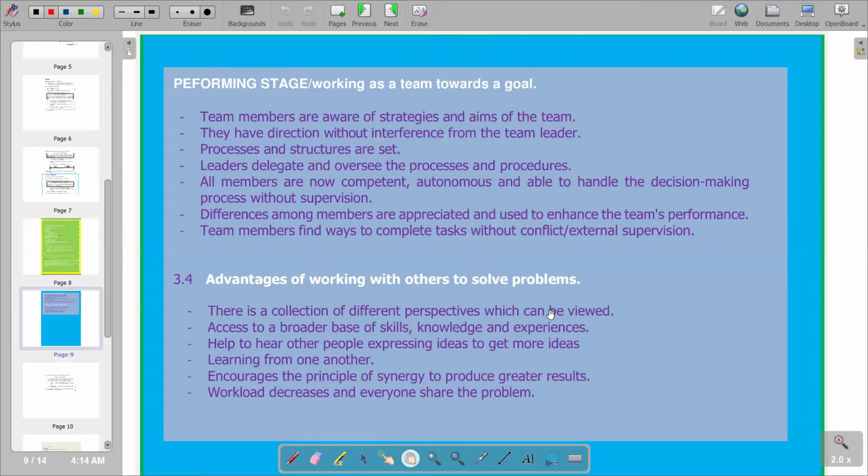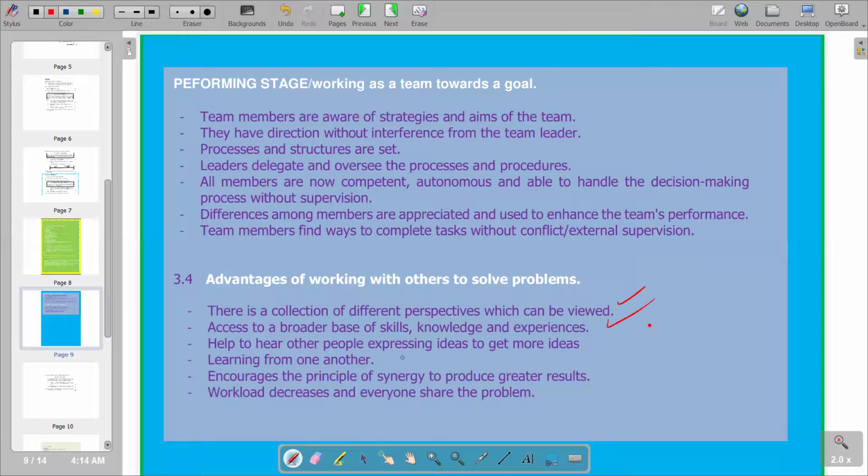The second point says access to a broader base of skills, knowledge, and experience. Obviously, the people that are coming in have different skills that we are going to combine to get a better, more effective way of dealing with the situation. We are also going to encounter different knowledge coming from different people, and the experiences from those people are also going to be a positive.